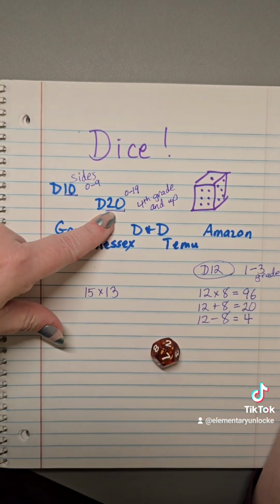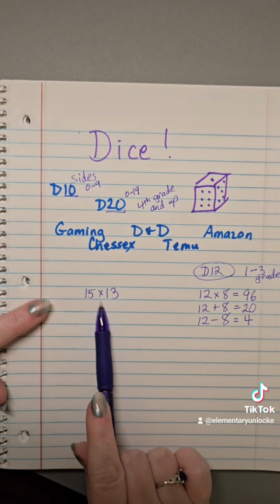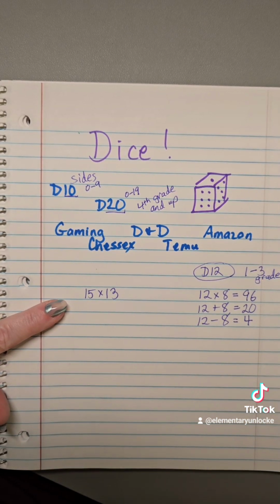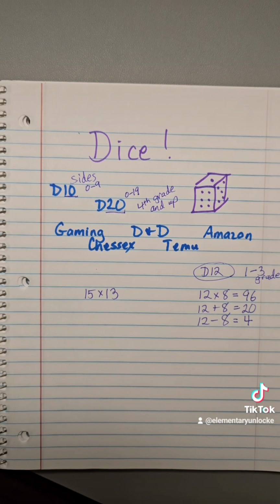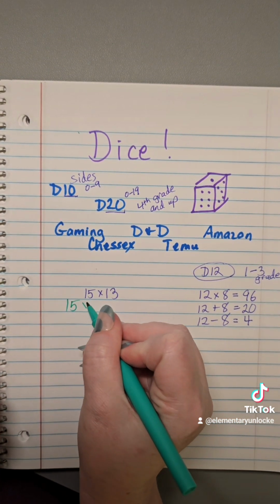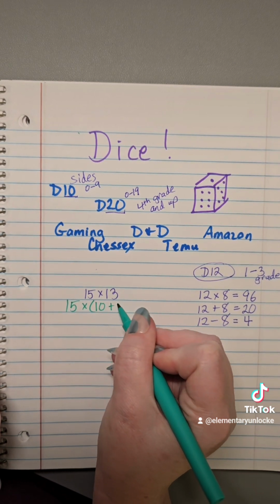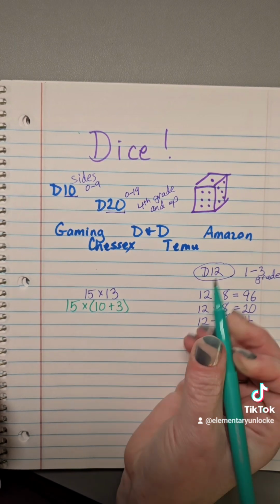And I'm going to give you a little bonus content on this one, and I'm going to show you how you can do this problem in a very, very interesting, basic way for the kids. Okay, so they're going to look at this and they're not going to know what to do. But this is a 10 and a 3, really. And that's where that expanded form came in.